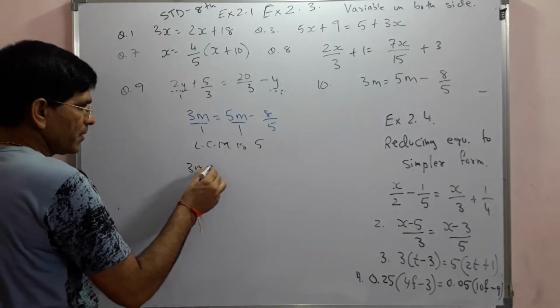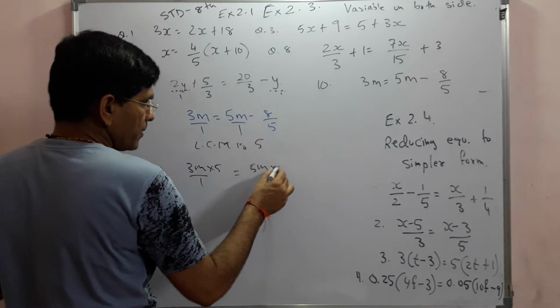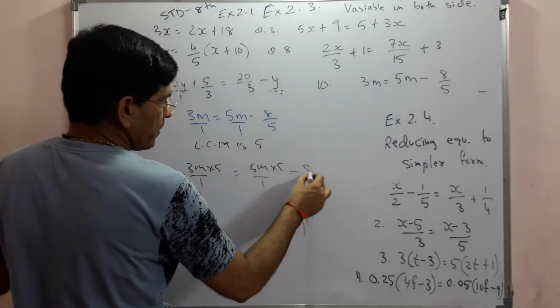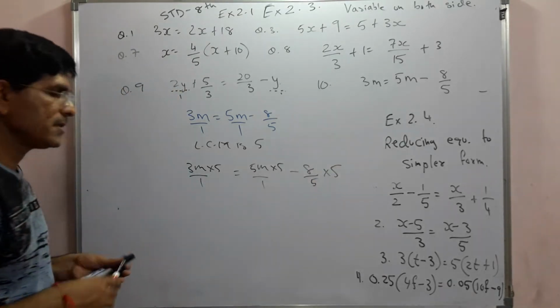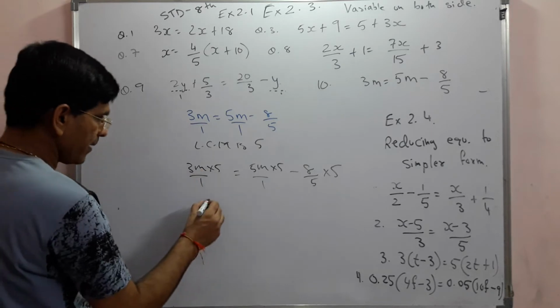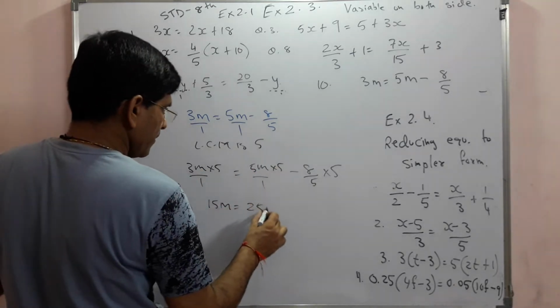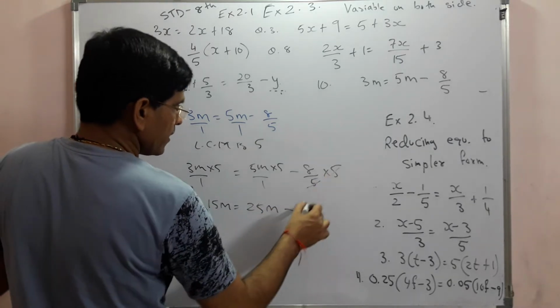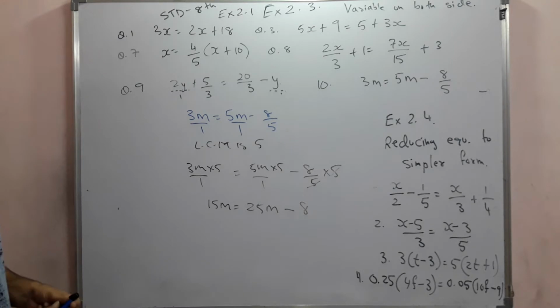So 3m multiplied by 5 is equal to 5m multiplied by 5 minus 8 upon 5 multiplied by 5. Now 3 5s are 15m is equal to 5 5s are 25m. This 5 cancels, so 8. Now we have to simplify this.